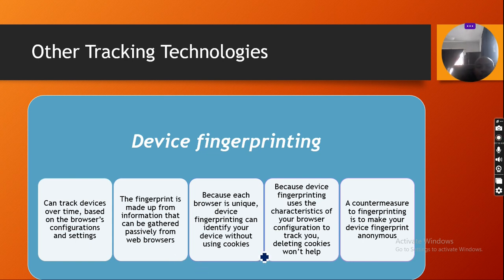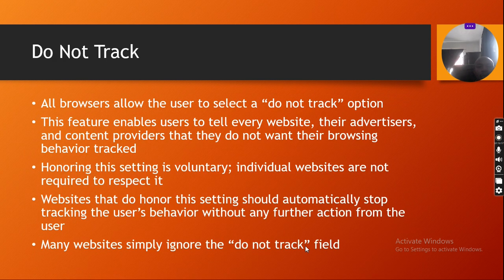Because each browser is unique, each fingerprint can identify your device without using cookies. Because device fingerprinting uses the characteristics of your user configuration to track you, deleting cookies would not help you. A countermeasure to fingerprinting is to make your device fingerprint anonymous. In this case you'll be safe.